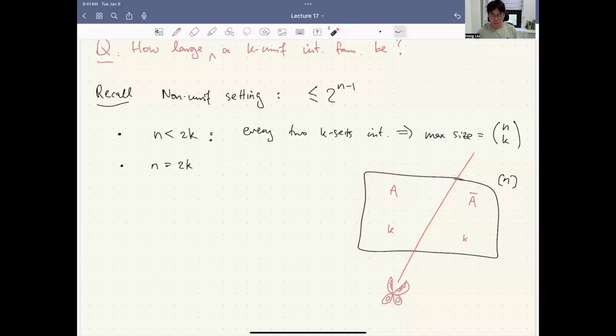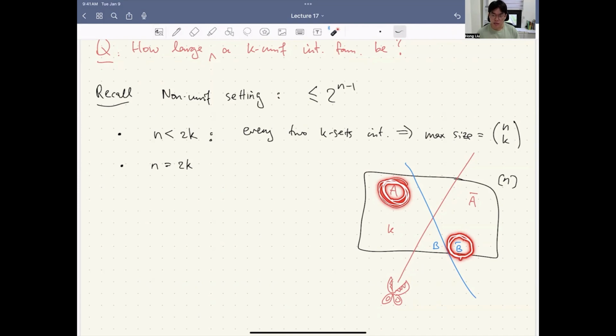But notice that if you have A and A bar, and you have B and B bar, let's do another one. Now you have B and B prime, B bar. Then every set in one pair is intersecting with every set in a different pair. This is not hard to see.